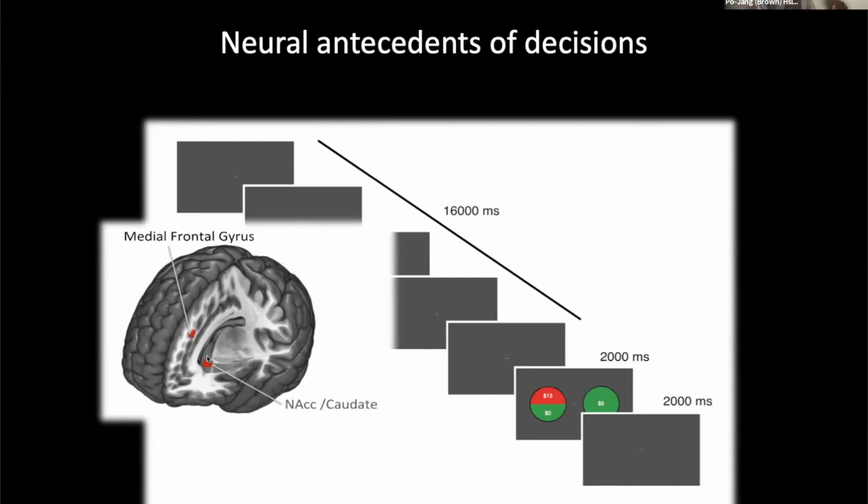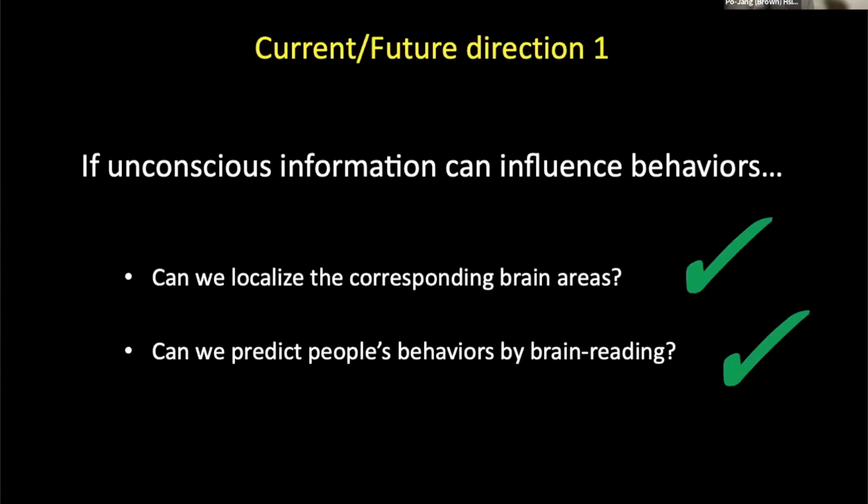When one pattern shows up, then later they're more likely to gamble. But if you see another pattern, then a few seconds later, they're more likely to not gamble. So once again, we can read out these brain activation patterns and predict whether they're going to gamble or not in the subsequent trials.